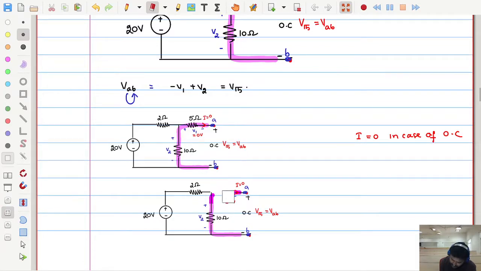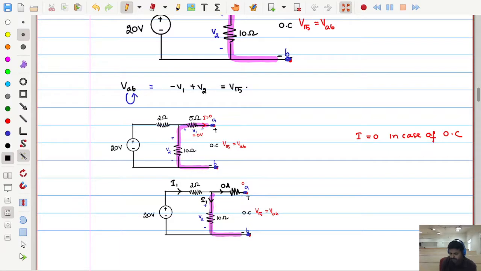Just imagine that no current is passing through this. Now if some current, let me say I1, is flowing through this 2 ohms, that same current I1 is passing through this 10 ohms also, because this branch current is 0 amperes.